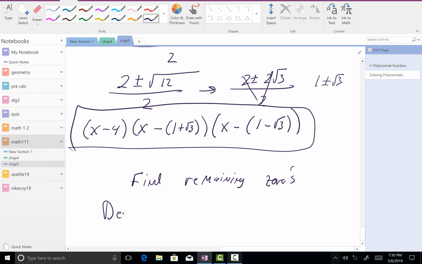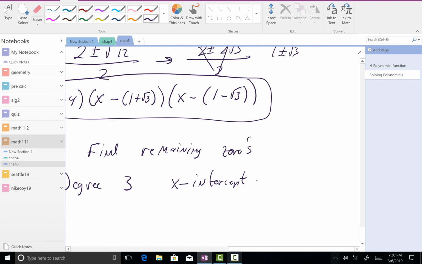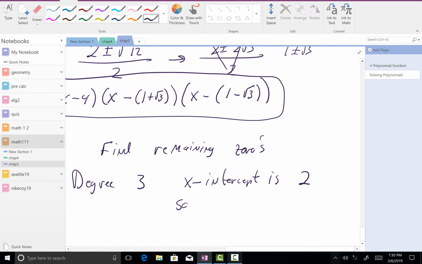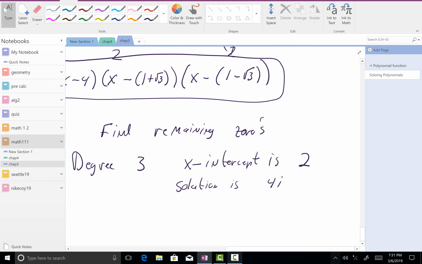They say, okay, the degree is 3. 1 x-intercept is 2. One solution is 4i. Find the remaining solutions or zeros.